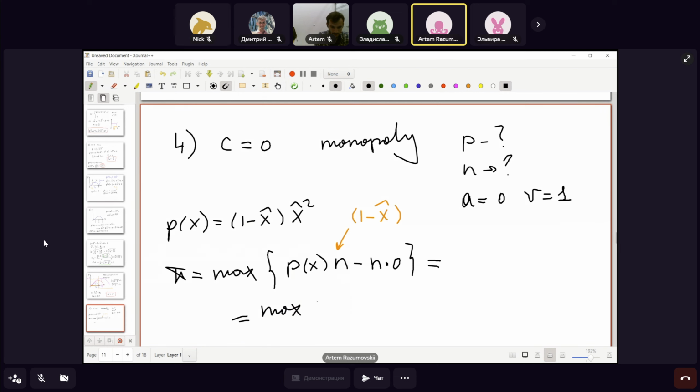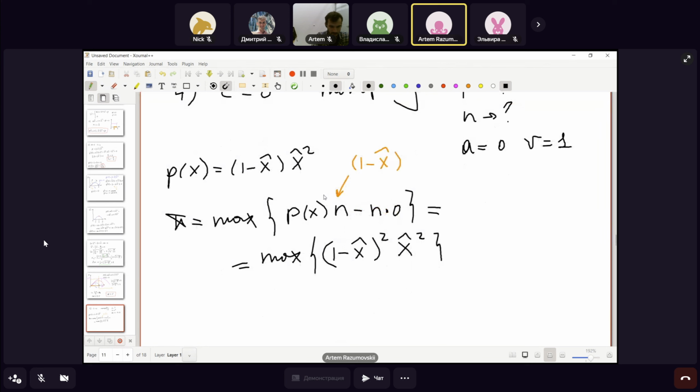So then we need to maximize (1 minus x) squared x squared. Instead of considering price, let's consider x, so that we will maximize this by indirectly choosing x hat.